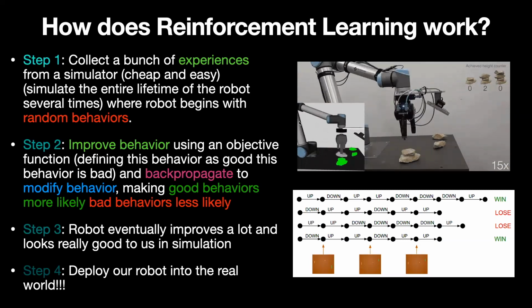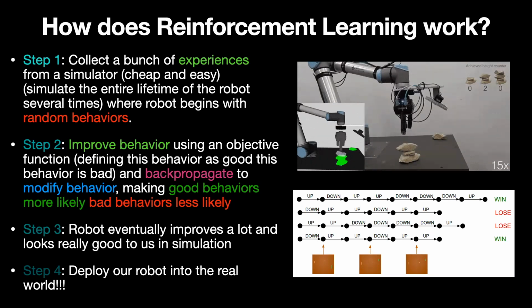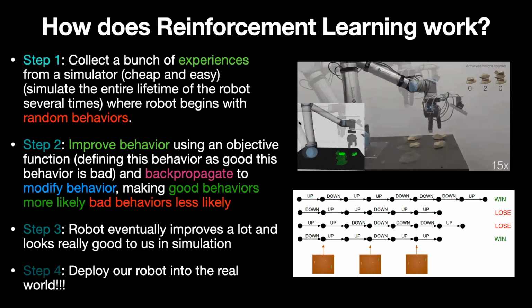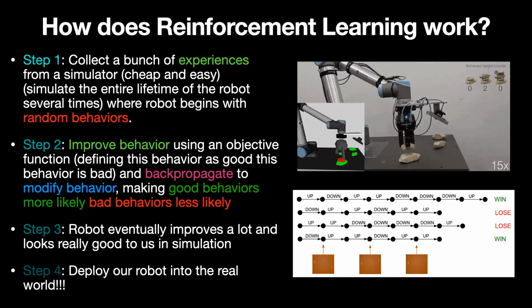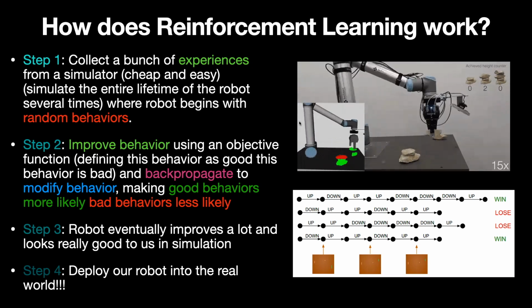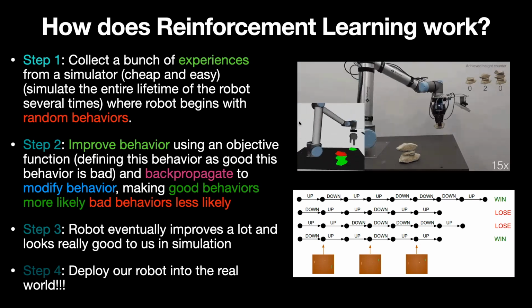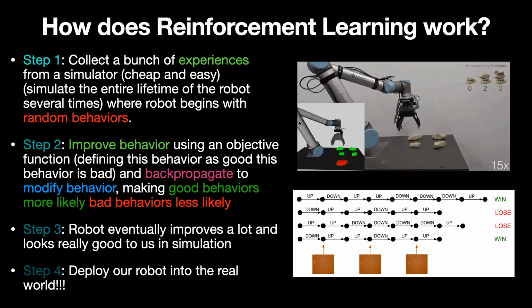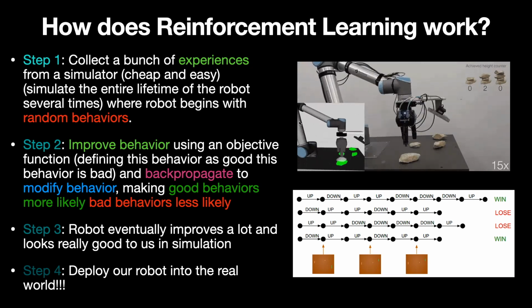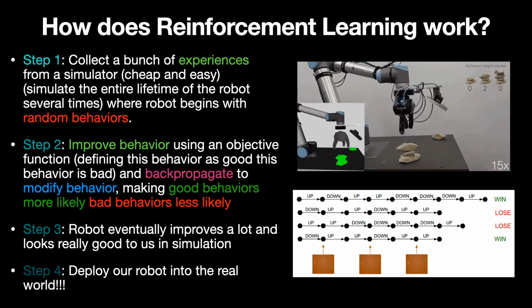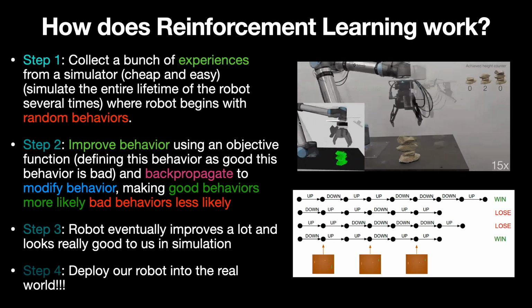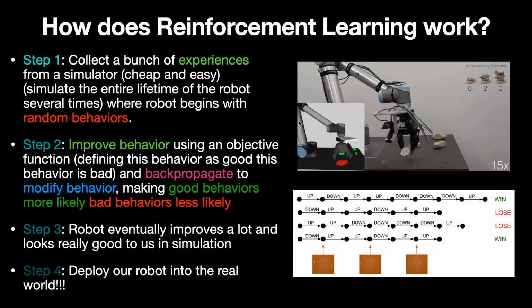So basically how it works is you collect a bunch of experience from a simulator. Let's say you have this robot arm, and you start off with some neural network that's controlling this robot arm. And you get a bunch of sensory information from the robot arm. You put it through the network, and then for the robot arm, you're producing torques. You're just producing motor behavior.